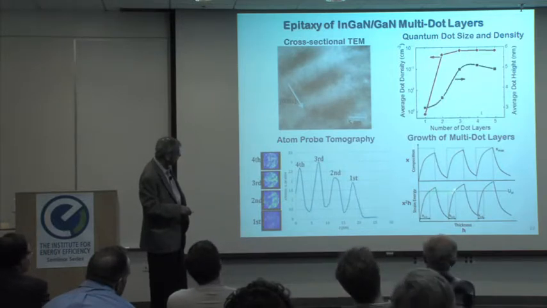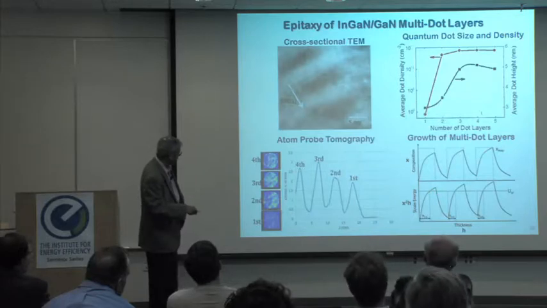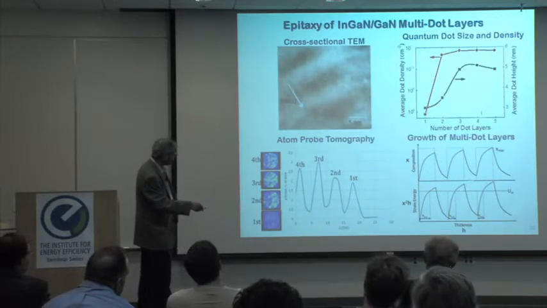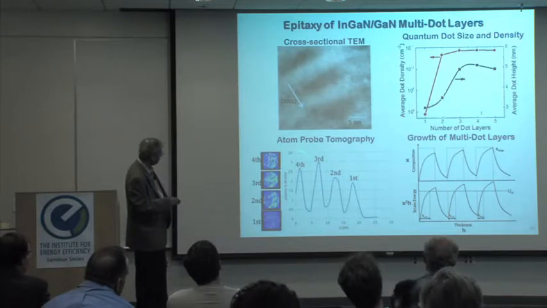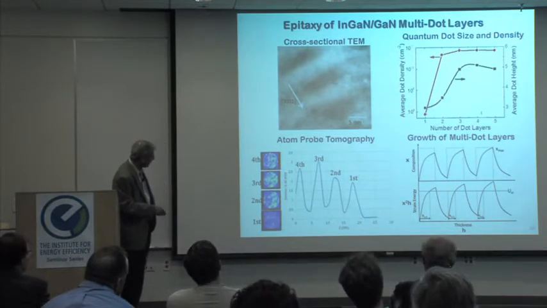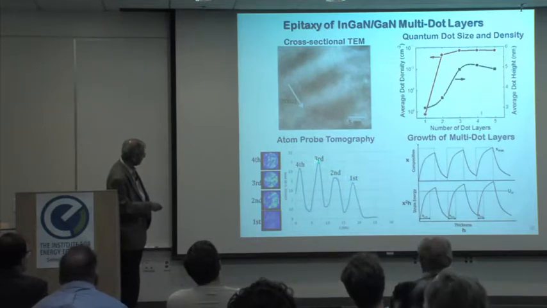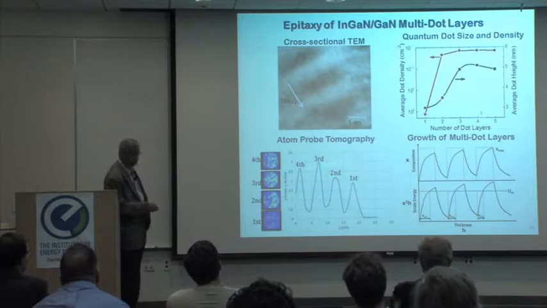If the nucleation rate is constant, then this translates to a larger dot as we proceed, and then it saturates. In fact, their group did atom probe tomography, and you can see a similar trend: from the first to the second to the third, there is a steady increase in the indium composition, and then it kind of stabilizes.